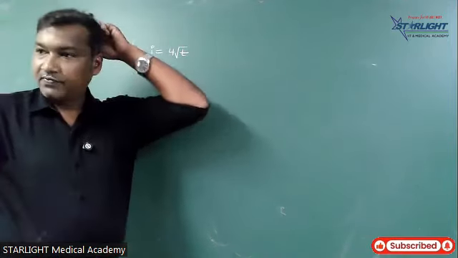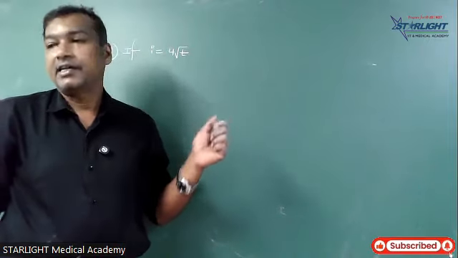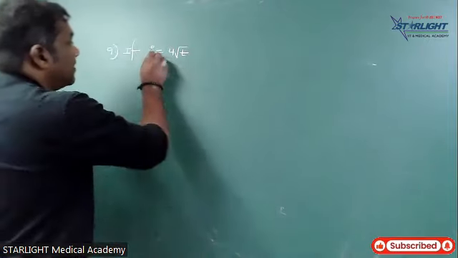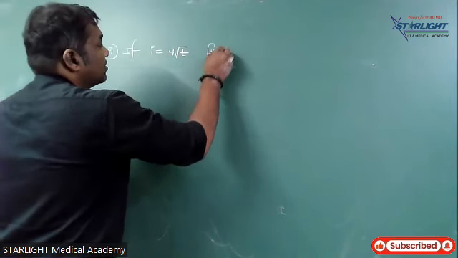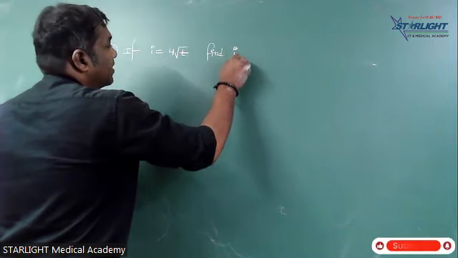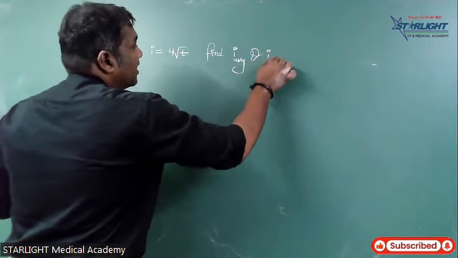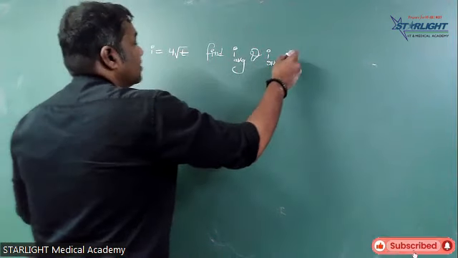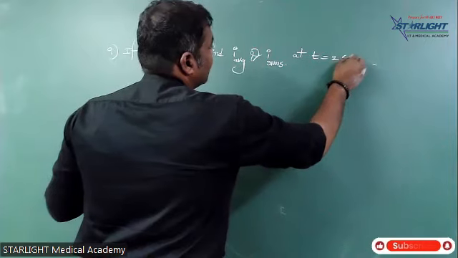This is the equation. Find I average and I RMS at t is equal to 2 seconds.